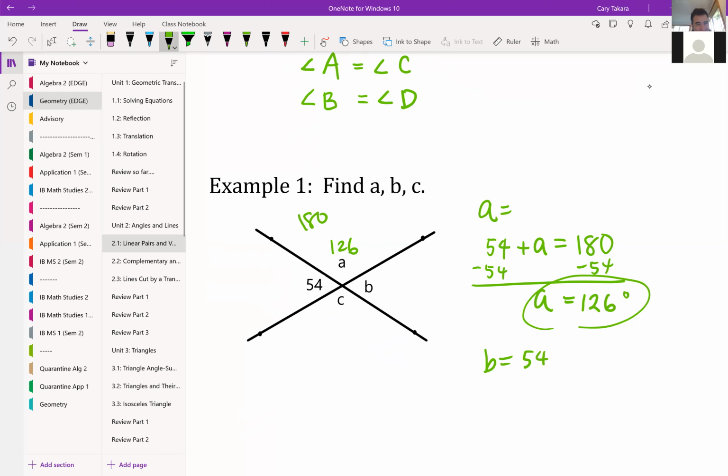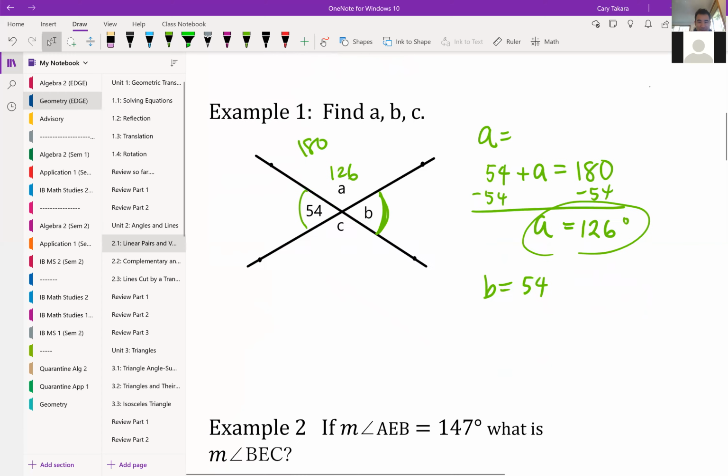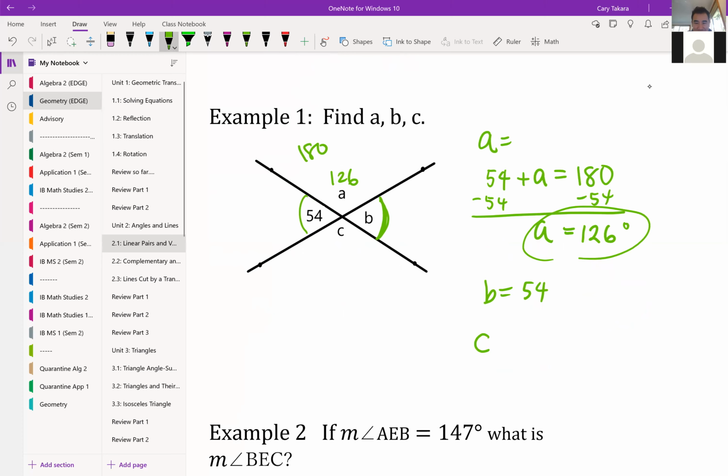Why? If you didn't quite notice, it's 54. Do you see why it's 54? Because of vertical angles. 54 and the opposite side, they are the same thing. So B has to be 54. That's right. Some of you are already reading my mind or ahead. And so what is C going to be? Everybody tell me in the chat.